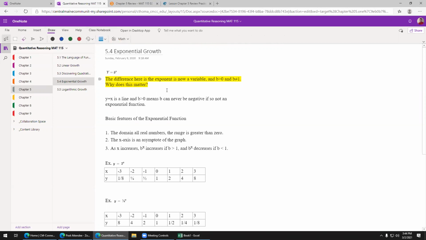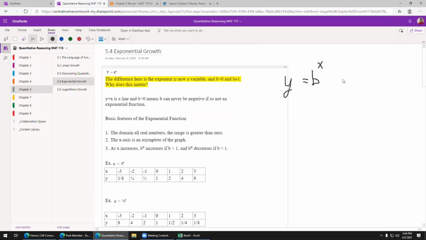Now I write my equation. I still have my favorite variable y, and it equals some parameter b, though you can pick any letter you like. And what happens now is the variable is in the exponent. That's what makes something exponential. The variable is now the exponent.